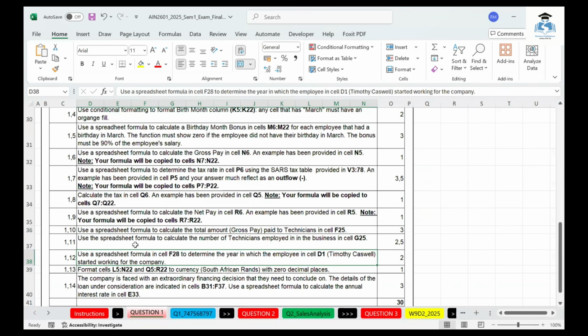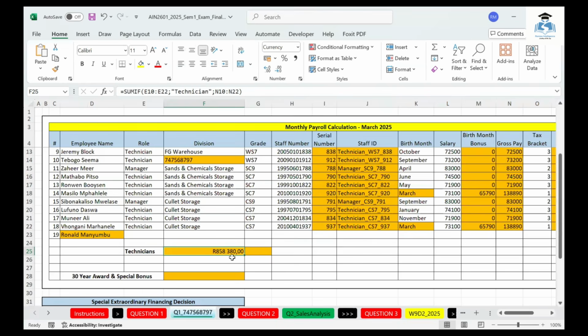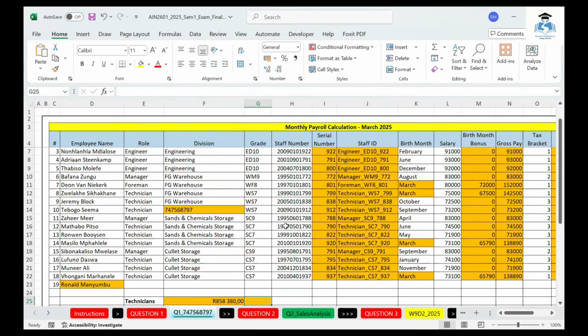Use the spreadsheet formula to calculate the number of technicians employed in the business in cell G25. So how do we find the number of technicians that are employed? Wait, what did I do? Here it's not E10, guys.